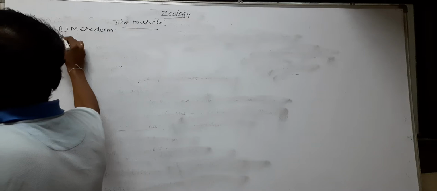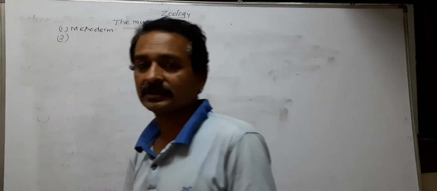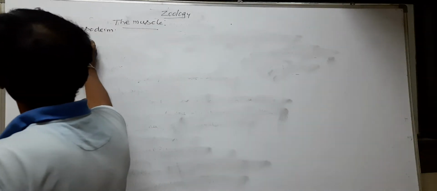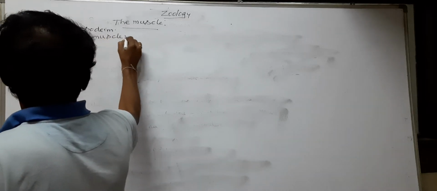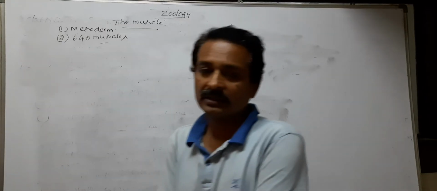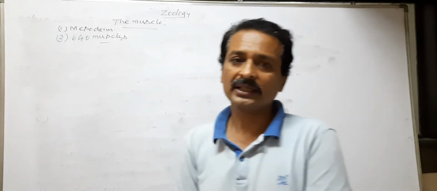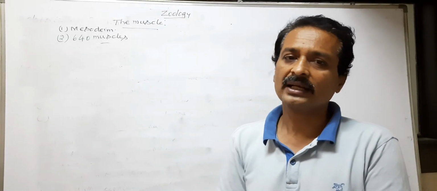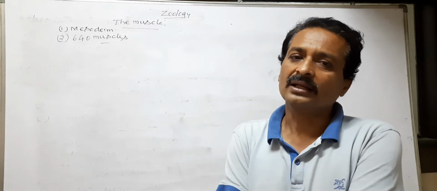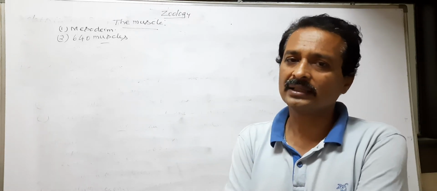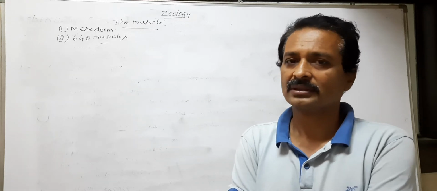The human body contains 640 muscles. These are divided into three types: skeletal muscles, visceral or smooth muscles, and cardiac muscles.